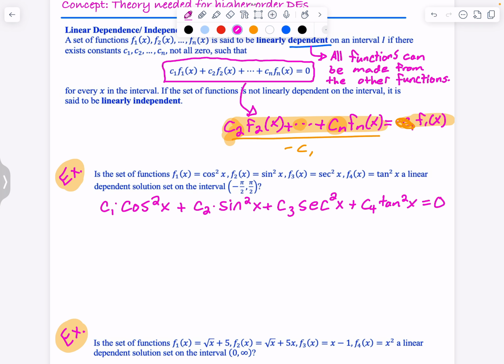And we're wondering, can you pick the right c's to make that equal zero? If you can, then they are linear dependent, meaning I can create one from the others.